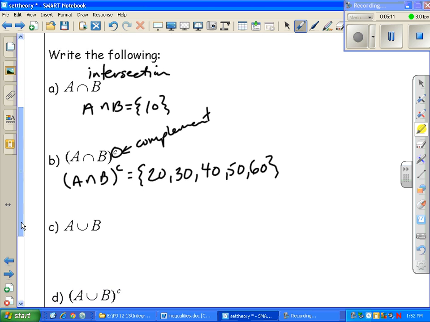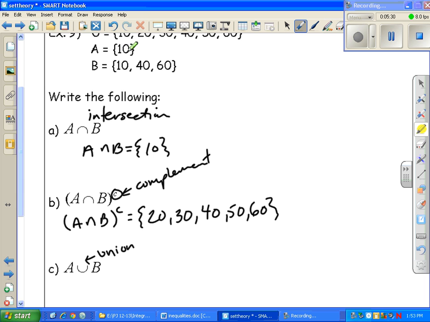Move down to part C. This is the symbol for union. When we're working with the union of sets, we're bringing together all elements of each set into one single set. They don't have to belong to both at the same time. They just need to belong to one or the other. So as I look at sets A and B, I see they both have 10, so that's going to be in my union. And then set B also has 40 and 60.